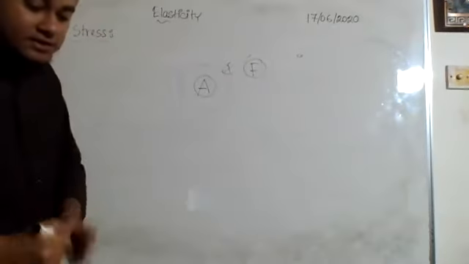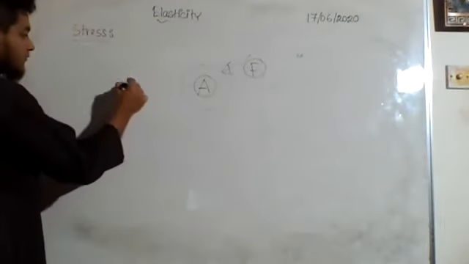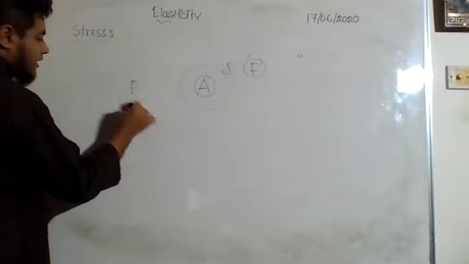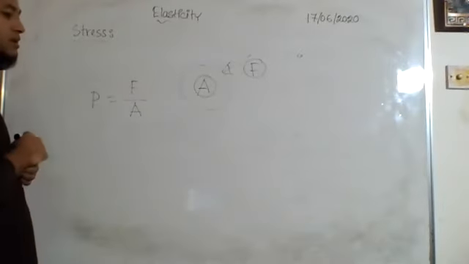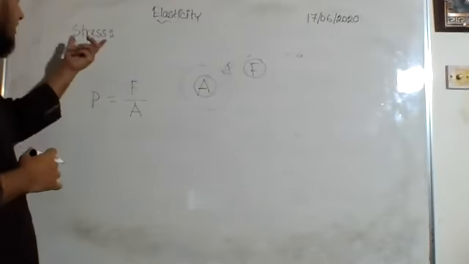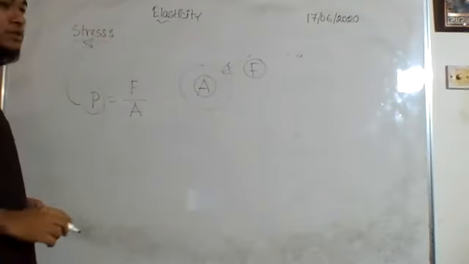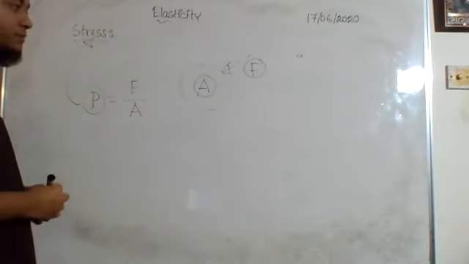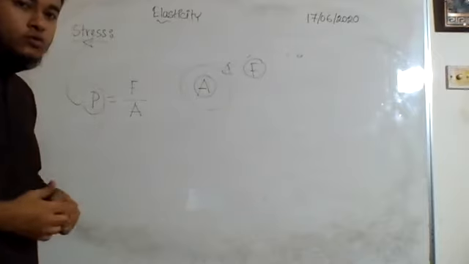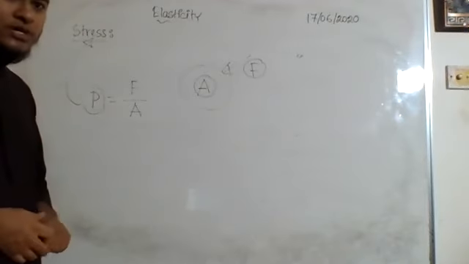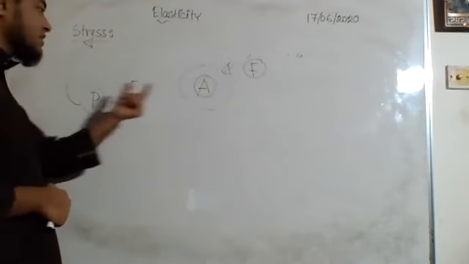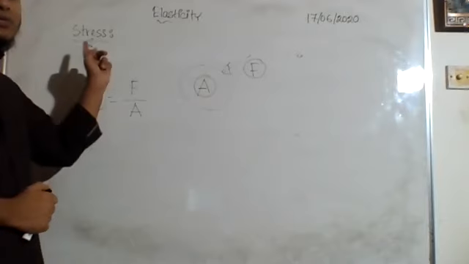If I take force divided by area, I should be getting the pressure, right? In this case, this pressure is known as stress. Do you understand my point? Whenever we are applying some force to change the shape of the object, the pressure that is developed within the body is known as stress.